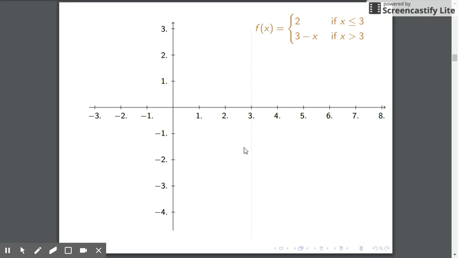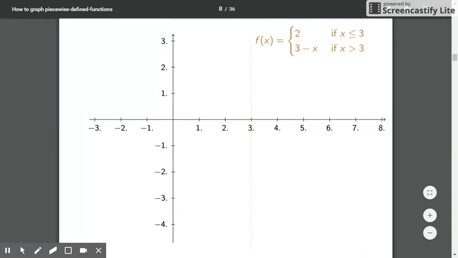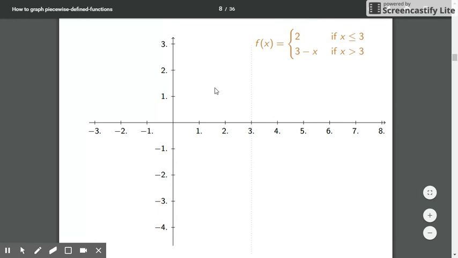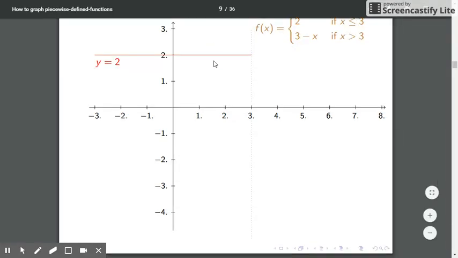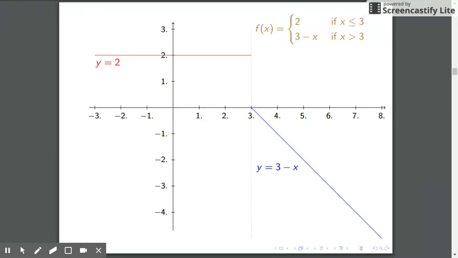Then graph the first piece in the appropriate section, and graph the second piece in the second strip. Here's the first one, y equal to 2, and the second one is y equal to 3 minus x.